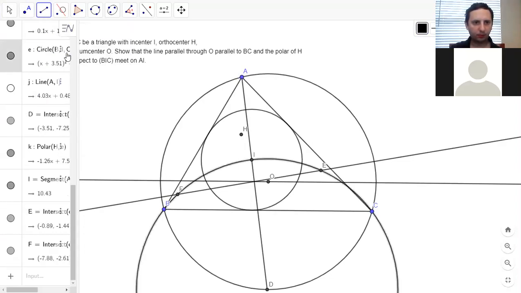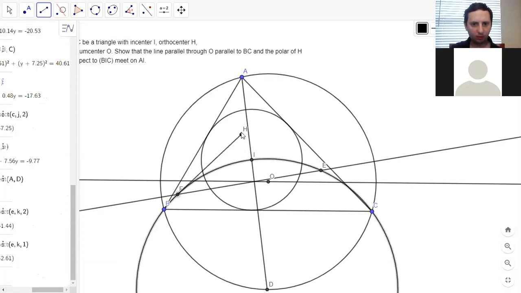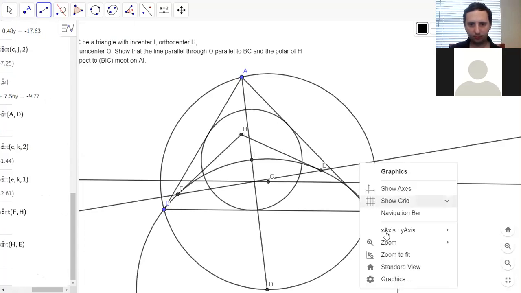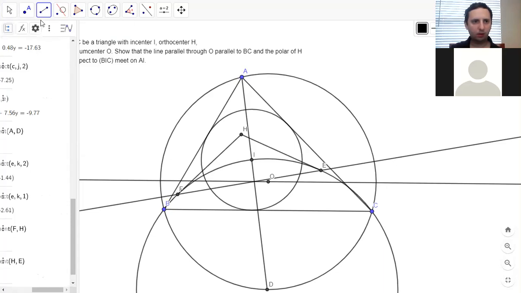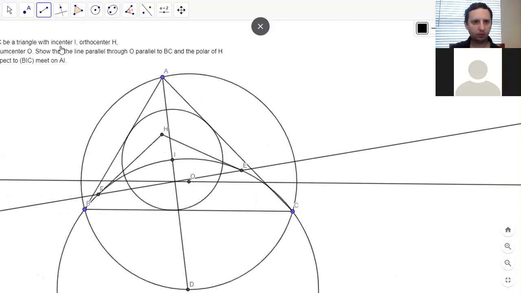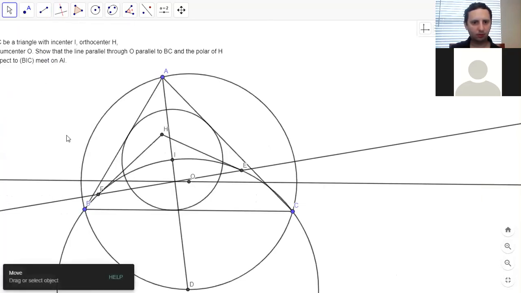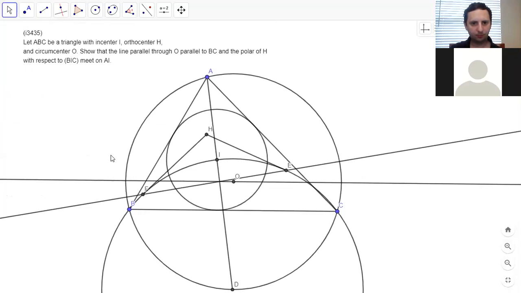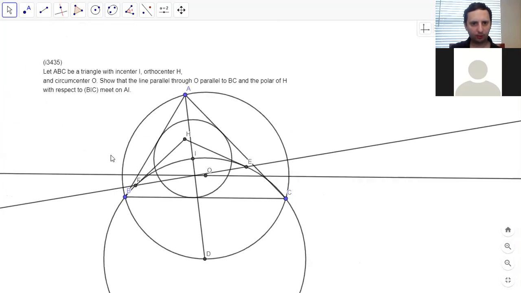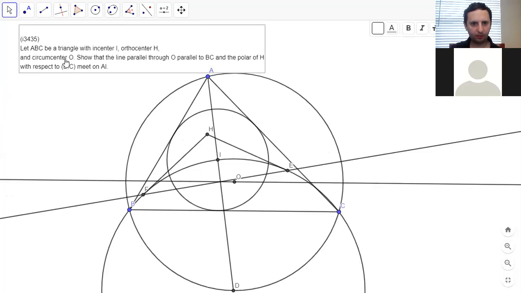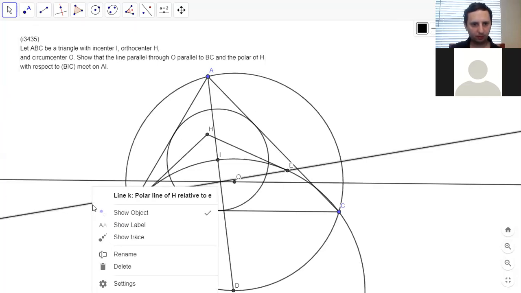I see someone wrote something in the chat, so give me just a moment. I'm going to draw the 2 tangents from H to that circle. Close this. Shrink the diagram just a little bit.